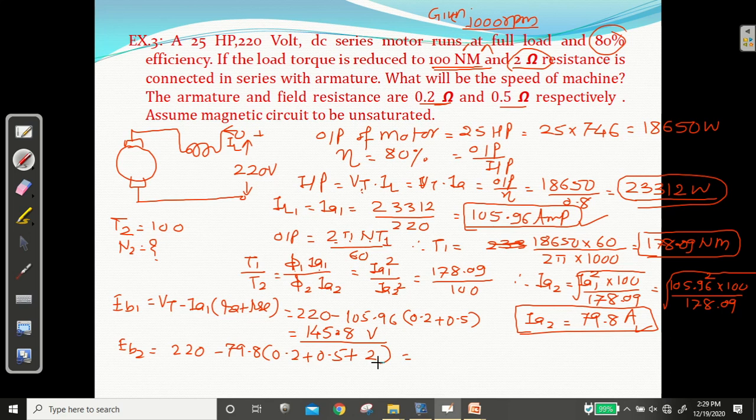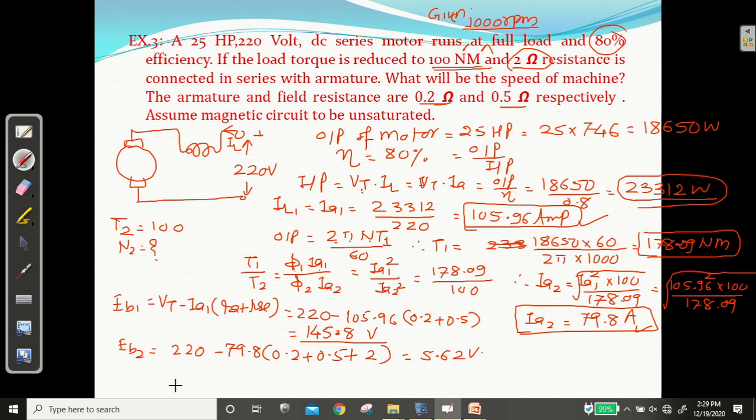So when you insert this resistance, the drop will be more. So by using the calculator, 220 minus 79.8 into 2.7, I am getting only 5.62 volt. So that is the EB2.